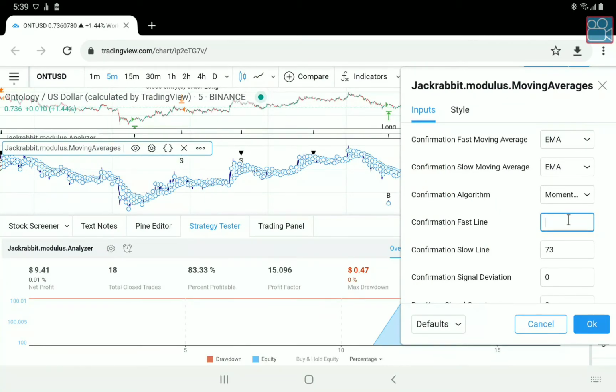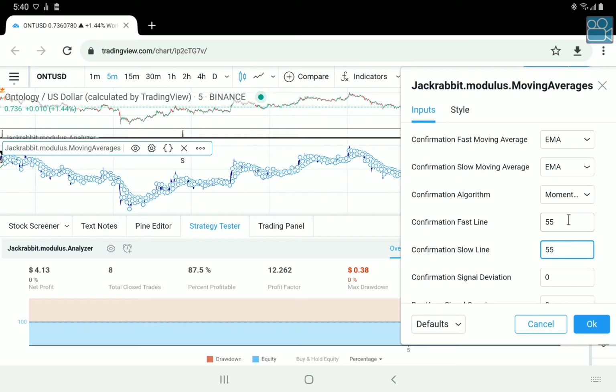But let's try a momentum of 55. That went down pretty poorly. So let's try a 67.